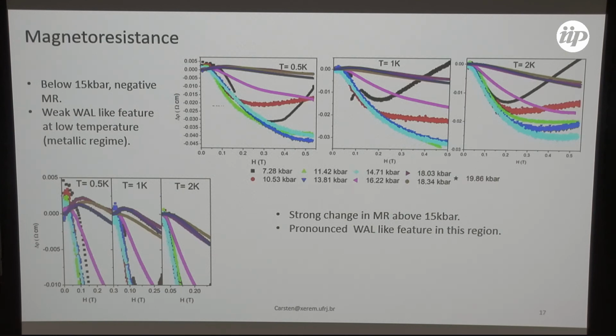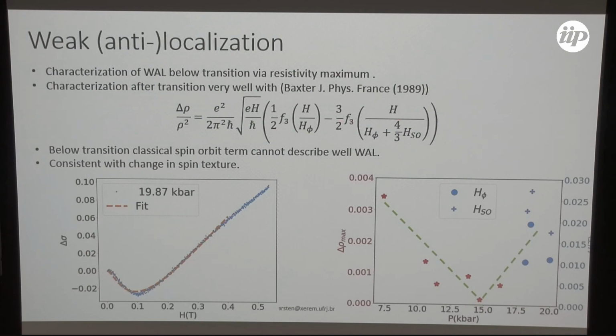And if you now use, as a fit, the dephasing term plus a spin-orbit interaction, then you see that this actually gives a very good fit, however, only for high pressures, not for low pressures. And for low pressures, we do not know how to fit this curve very well.